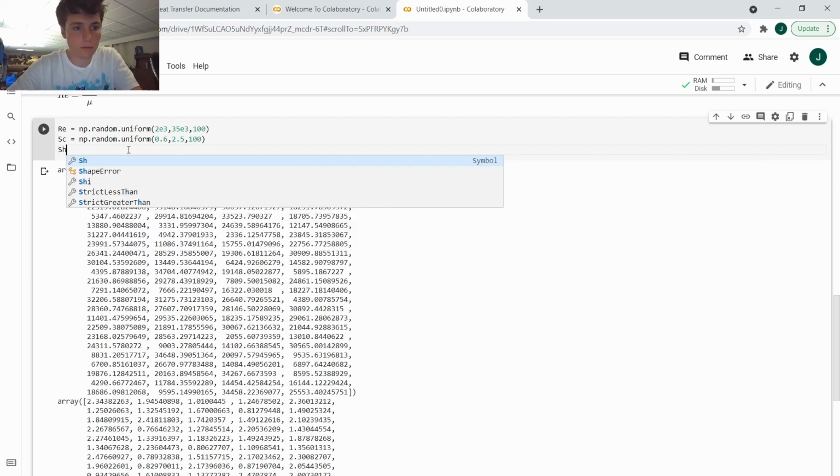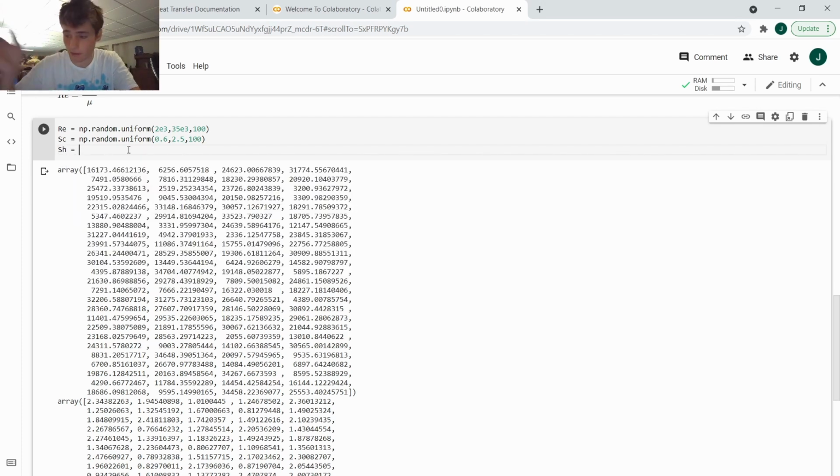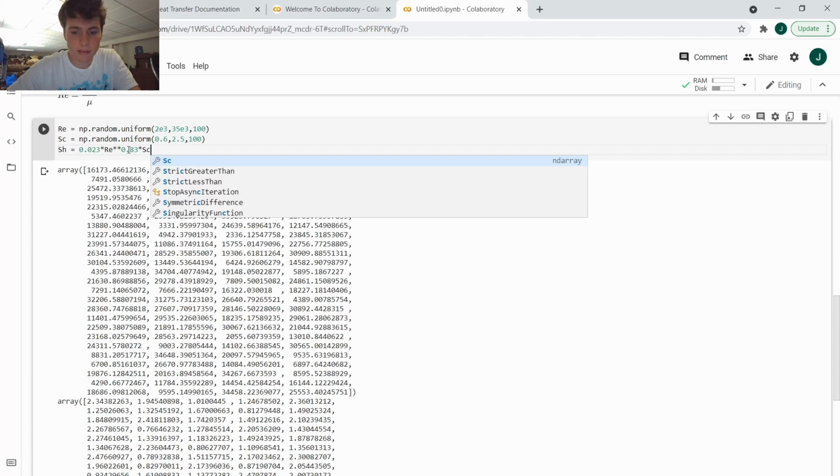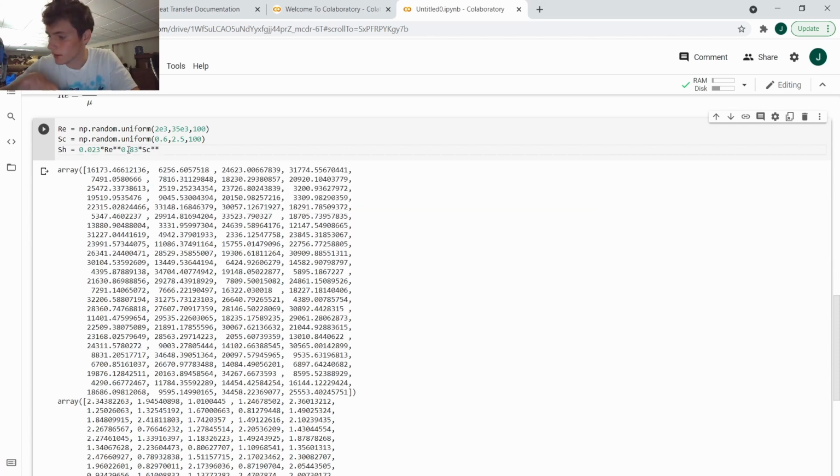So we'll just calculate the Sherwood number using the model that Gilliland and Sherwood came up with. It was 0.023 multiplied by Reynolds number to the 0.83, multiplied by Schmidt number to the 0.44.